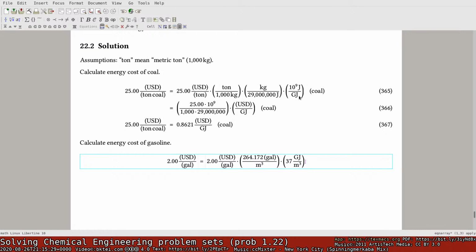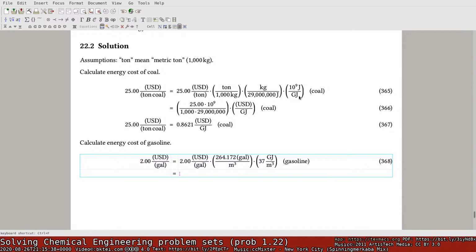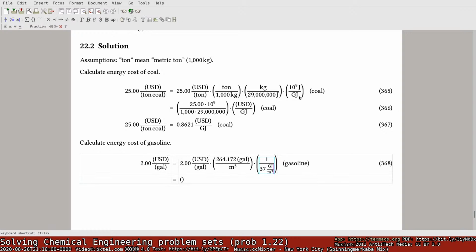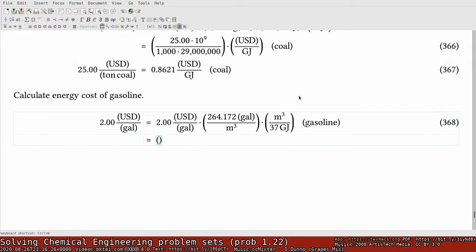So that should give us an answer in USD per, we need to invert that, don't we? Yeah, that's better. USD per gigajoule.